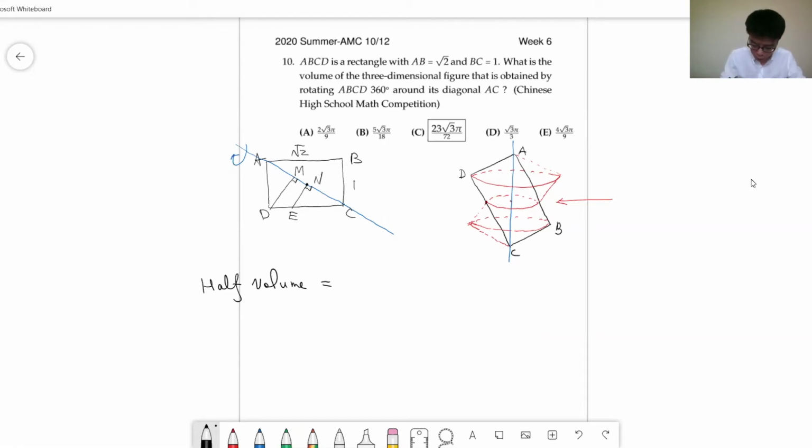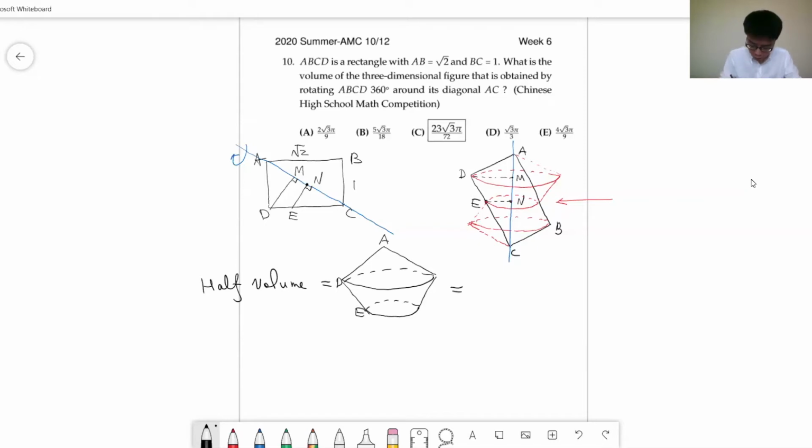So basically this is the point E. This is the M. This is N, right? So half volume corresponds to the volume of this solid. Right? AD, this is E. This is like a half volume.